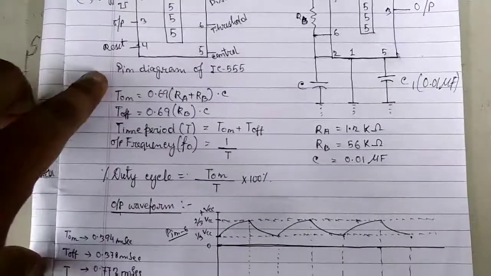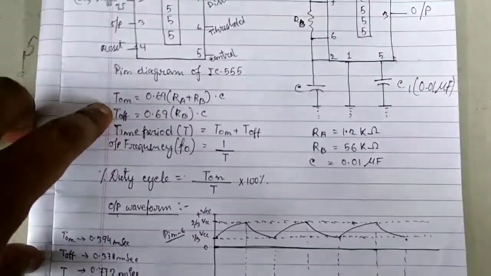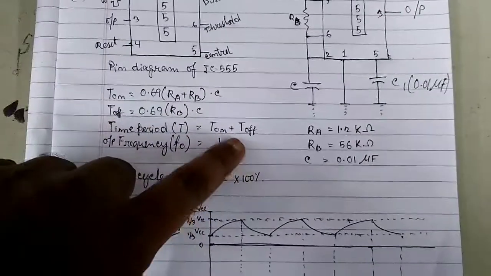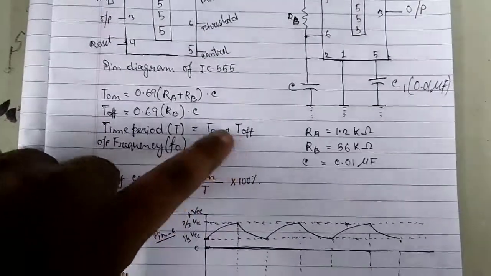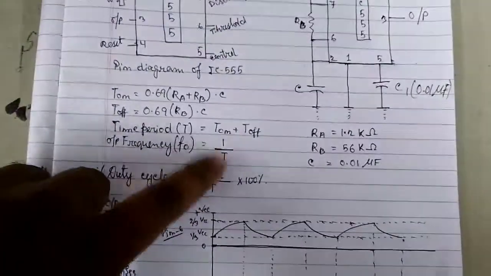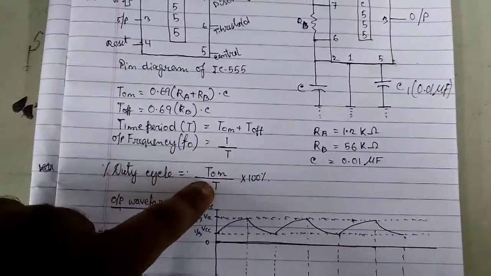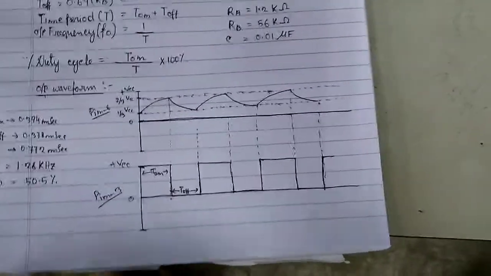We have some on time and we have some off time. So during the total time period, how long the circuit remains in its on time, that is the count of duty cycle.